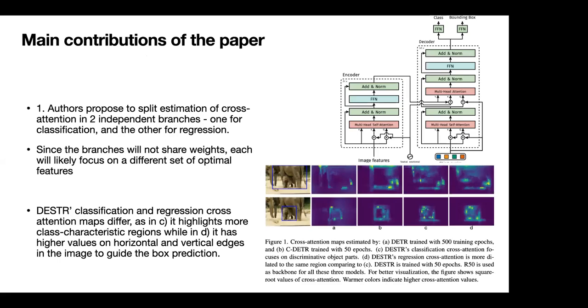So now let's turn to the main contribution of the paper. The first contribution that the authors proposed is to split cross-attention into two independent branches, one for the classification and one for the regression part.